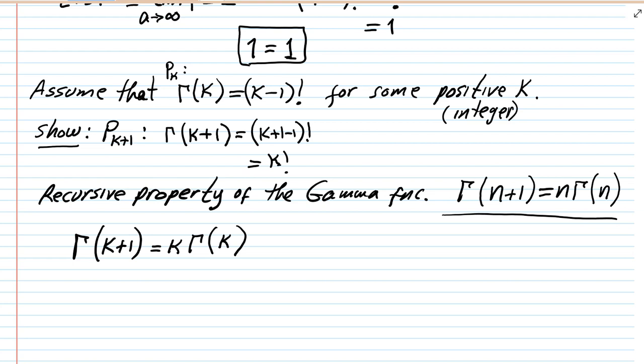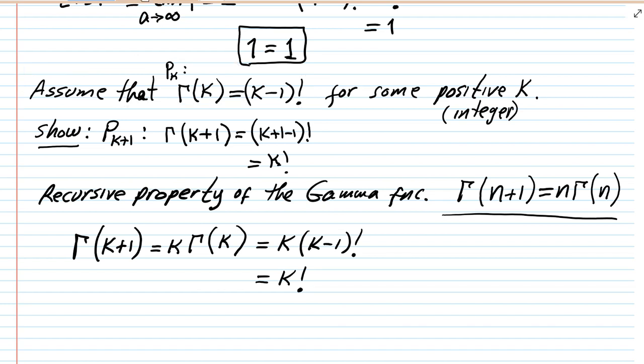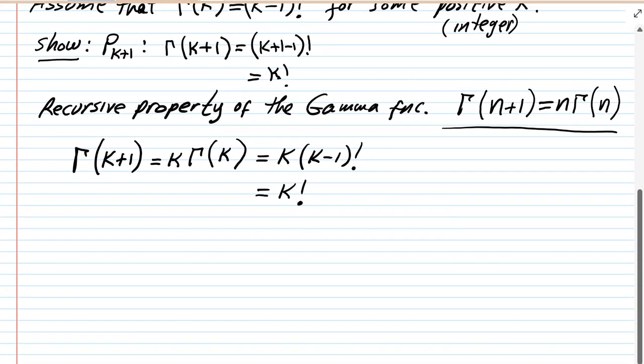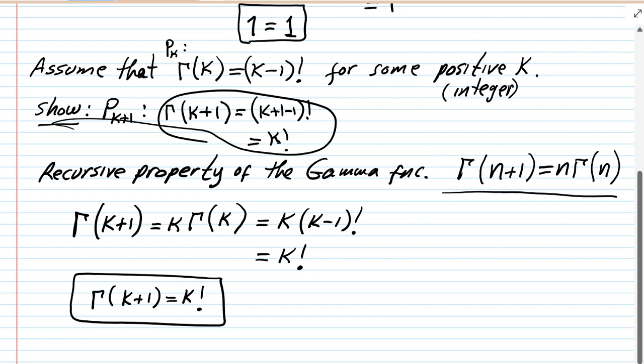Well, from the induction hypothesis, we can replace gamma of k by k minus 1 factorial. And k times k minus 1 factorial is k factorial. Again, that's how factorials are defined. Therefore, we just showed that gamma of k plus 1 is equal to k factorial, and that is what we needed to show.